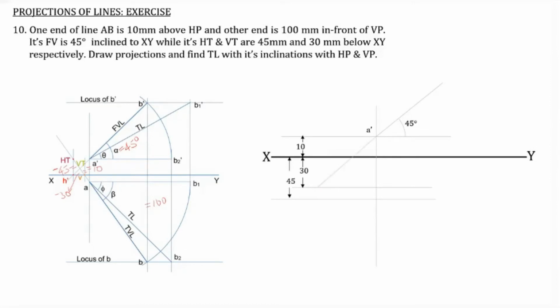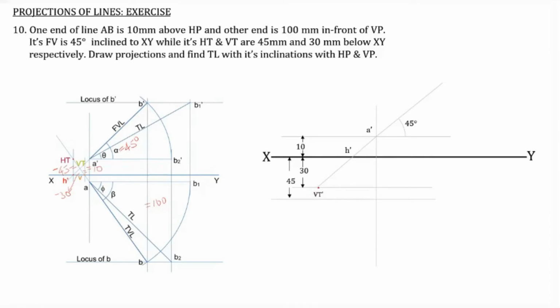Now we extend the line representing the front view to the back, so that it intersects with the locus of VT, so that we will get the VT here. So H dash can be obtained and VT dash can be obtained. VT dash is the same as VT.